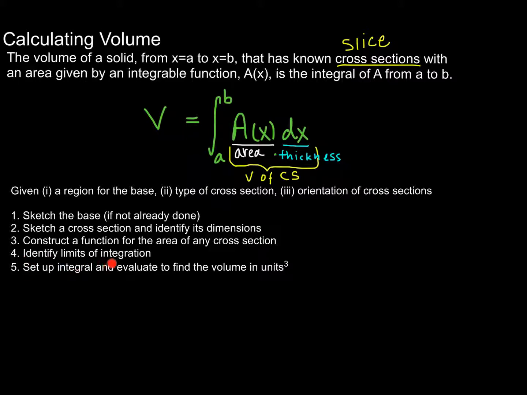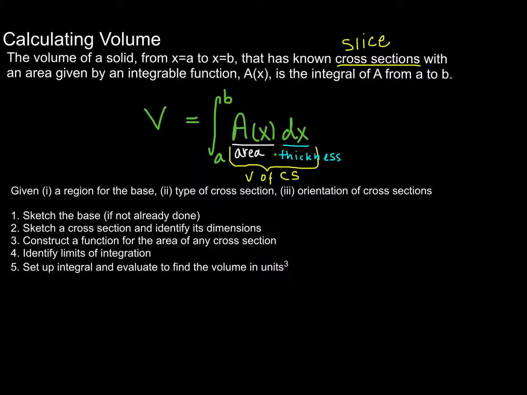And identify the limits of integration. These limits of integration are basically the region of our base, so where our base goes from a to b, wherever that happens to be. And then we're going to set up an integral, as we have here in our definition, and evaluate it to find the volume in units cubed.